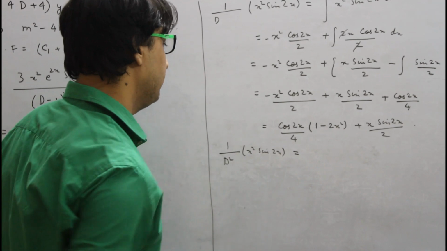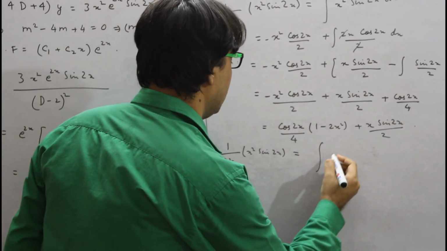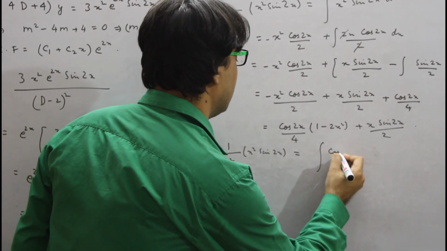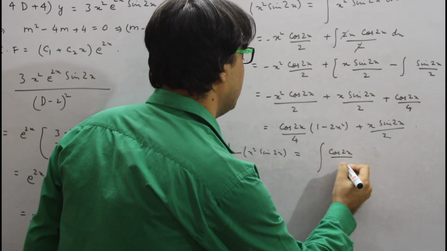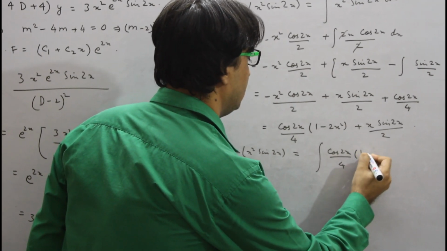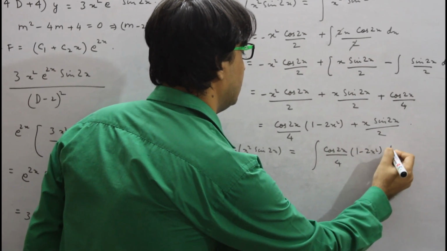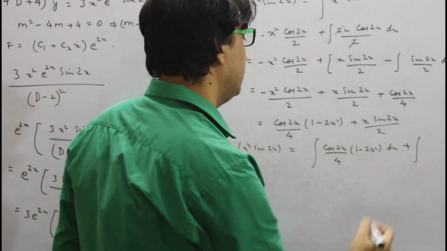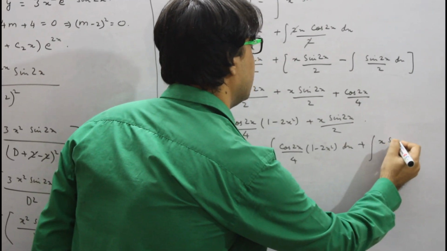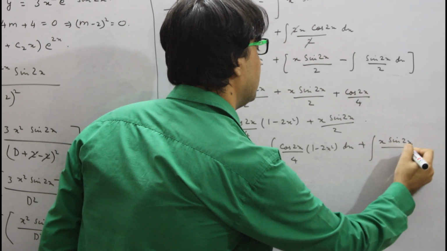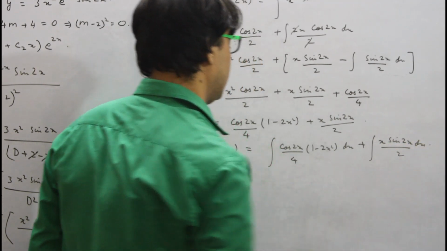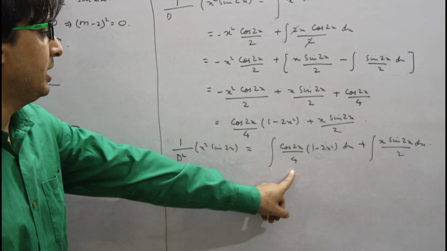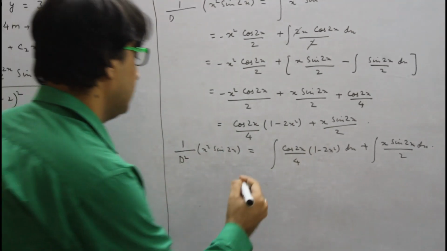So this will give us the integration of cos 2x divided by 4 into 1 minus 2x square dx plus the integral of x sine 2x divided by 2 dx. So now I am going to integrate this by parts.